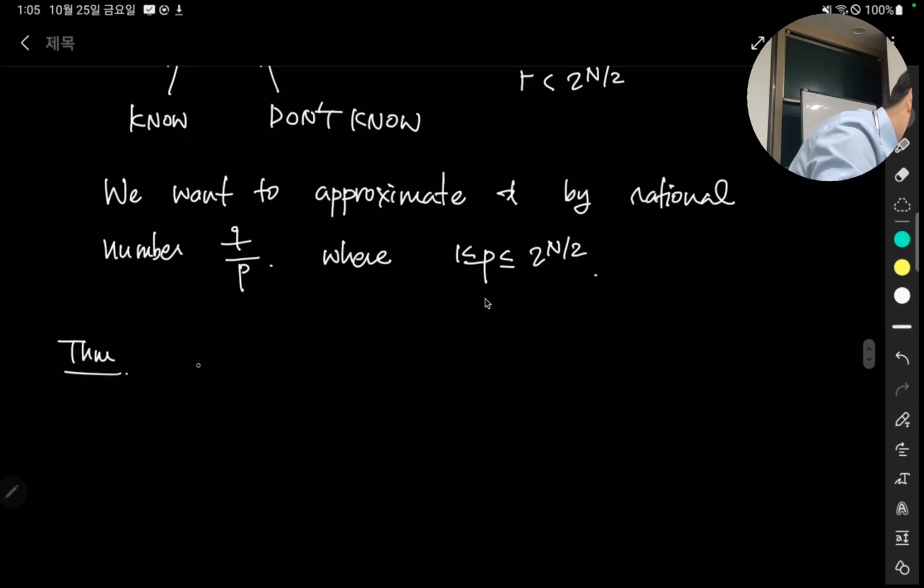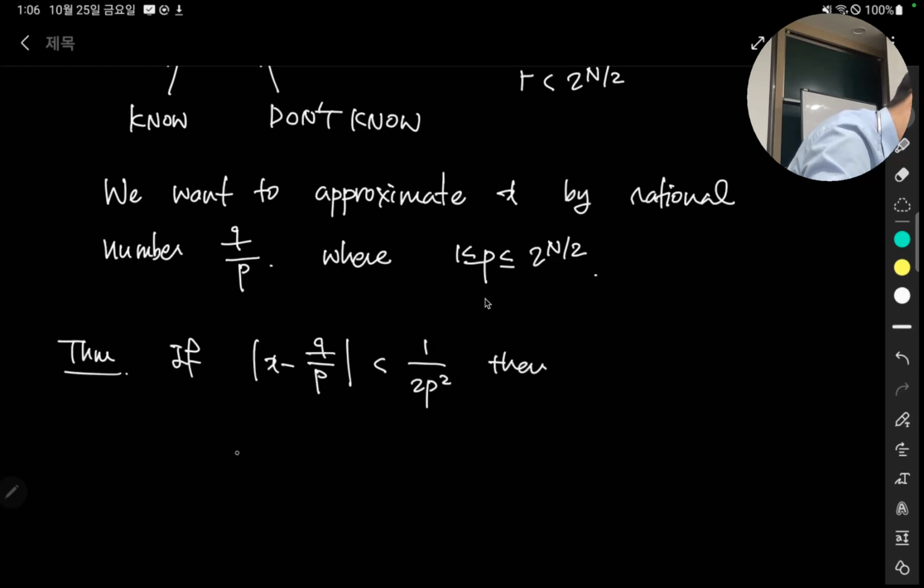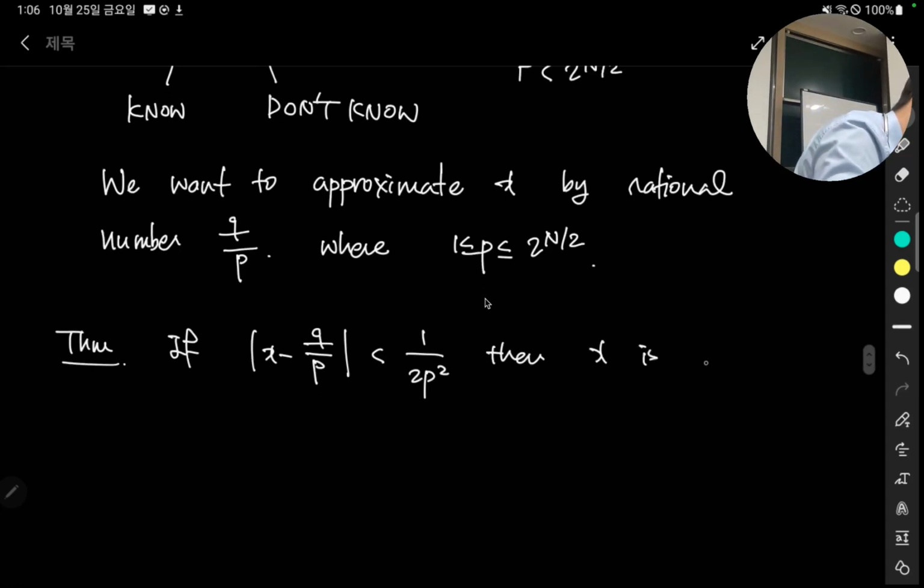The theorem says if x minus q over p is less than 1 over p squared, then so let's see.